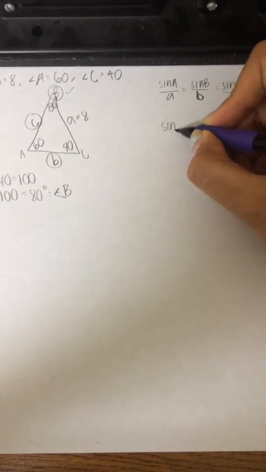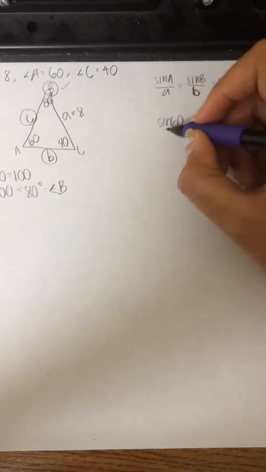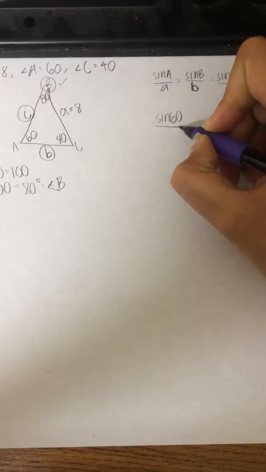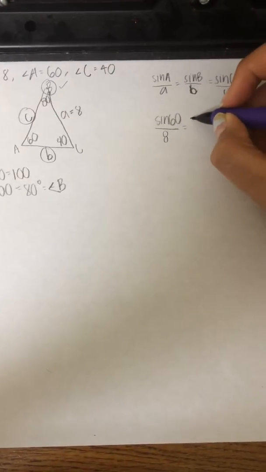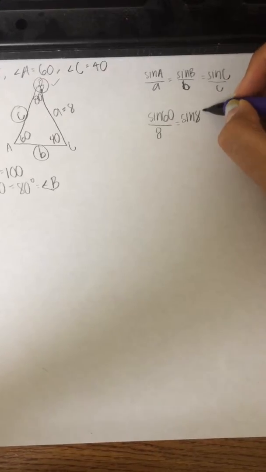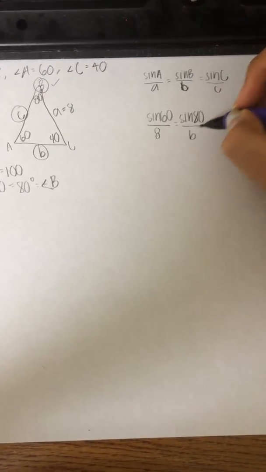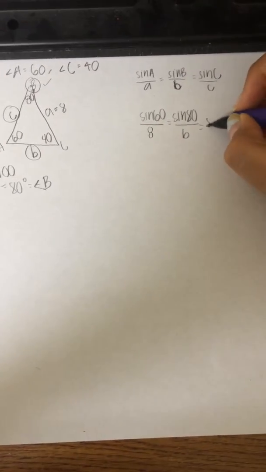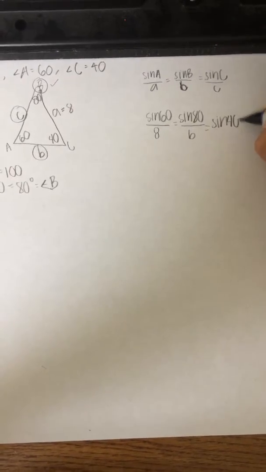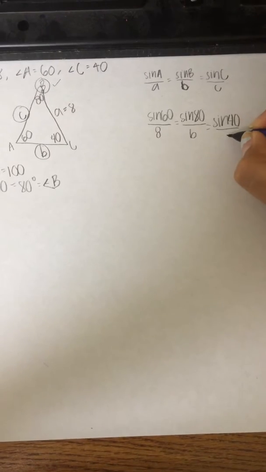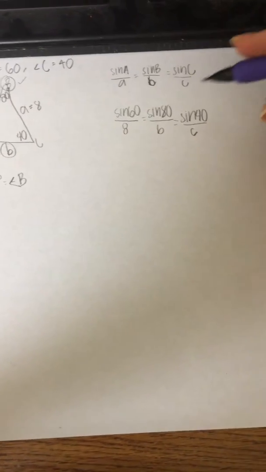So sine of angle A, which is 60, over side A, which is 8. Now sine of angle B, which is 80, over side B, which we do not know yet. And then sine of angle C, which is 40, over side C, which we don't know yet.